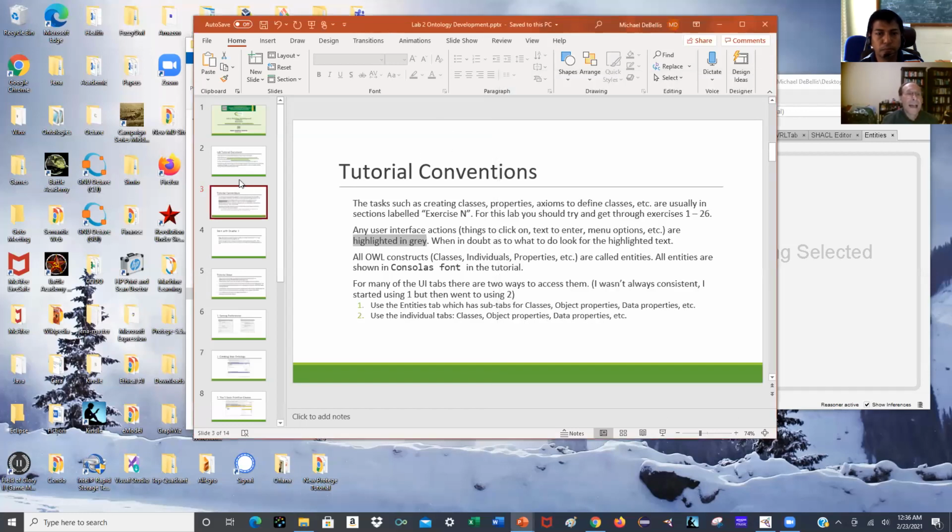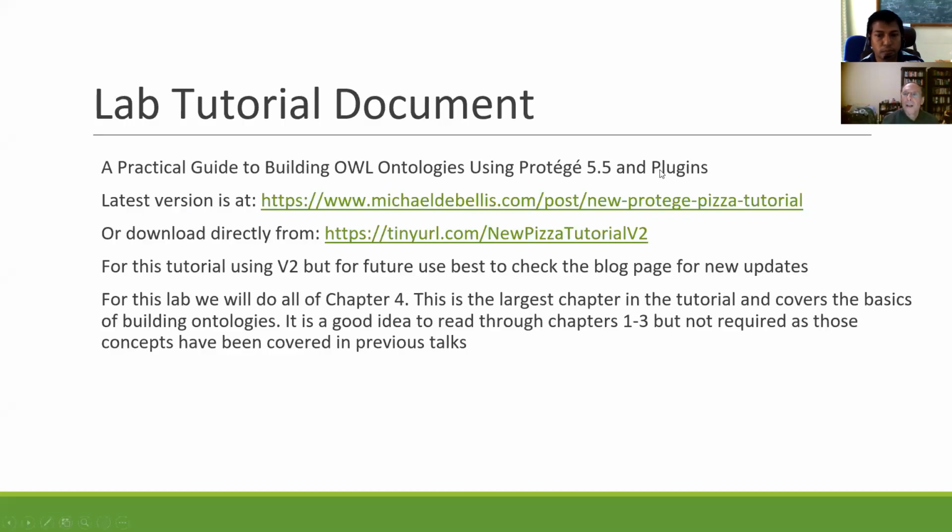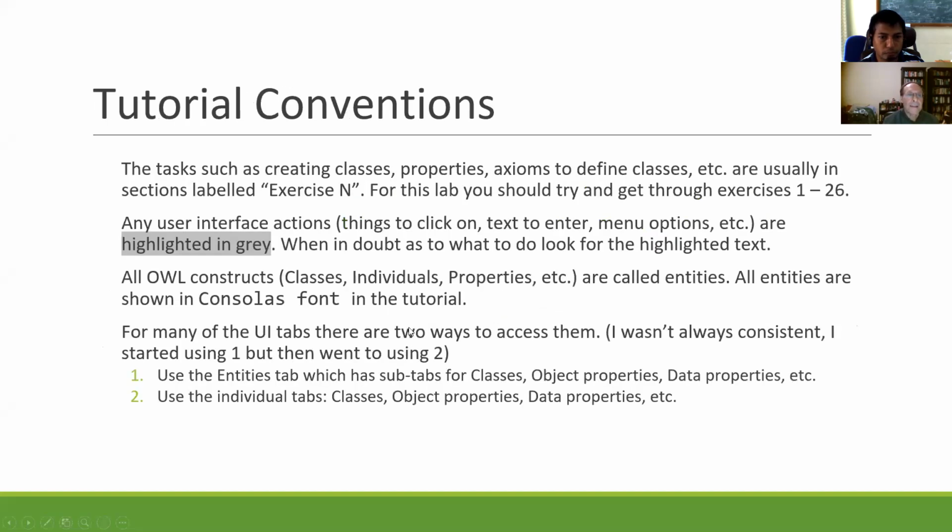Okay, so actually, let me go back to where I was. We're going to be using this document. If you don't already have it, you can download it from this URL. As I said, the main things you're going to be doing are in sections called exercise.